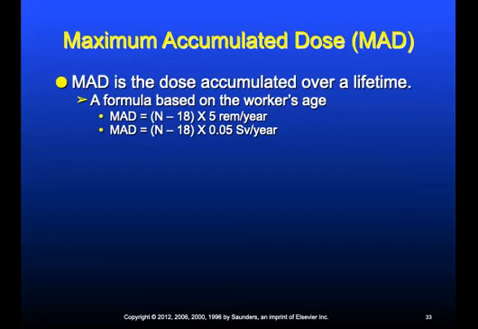Since the age of 18 is the minimum required age of a person who works with radiation, the formula you can use is shown here: N minus 18 times 5 rems per year. That is also equivalent to N minus 18 times 0.05 sieverts per year.